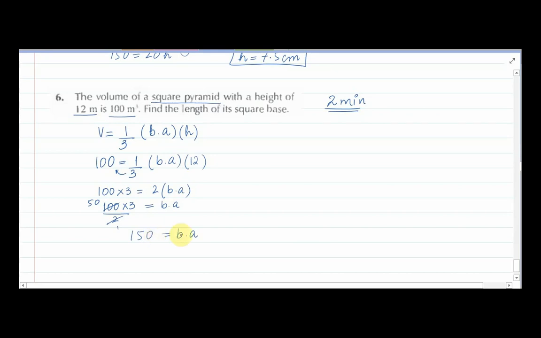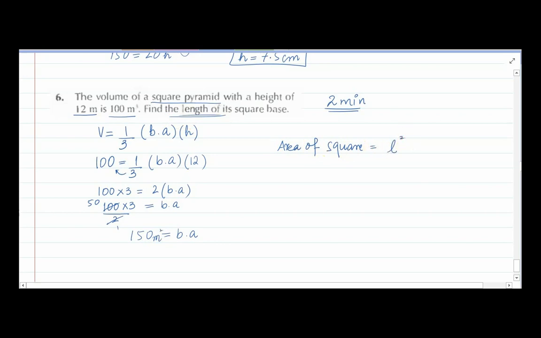And the unit is, since it's an area, meter square, but we need to find the length of a square. Now the 10% part. Area of square, the working formula is L square.